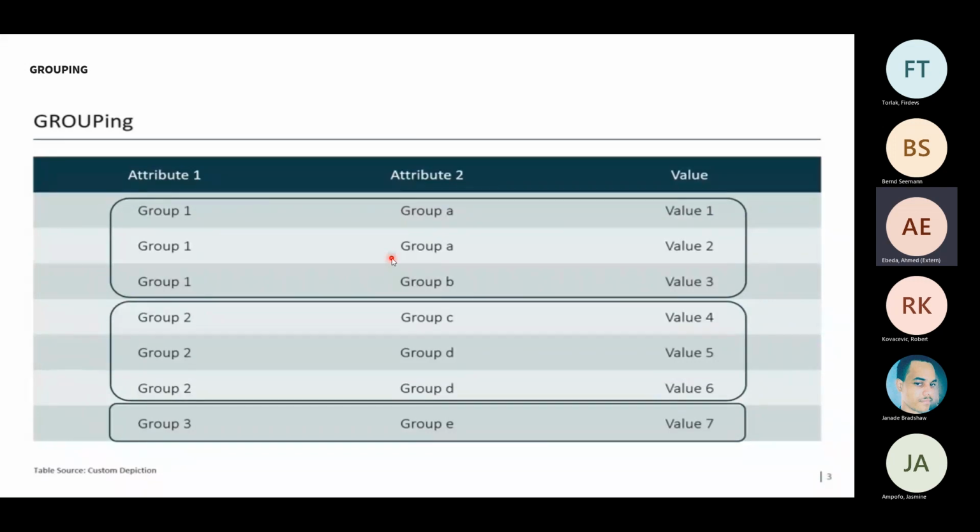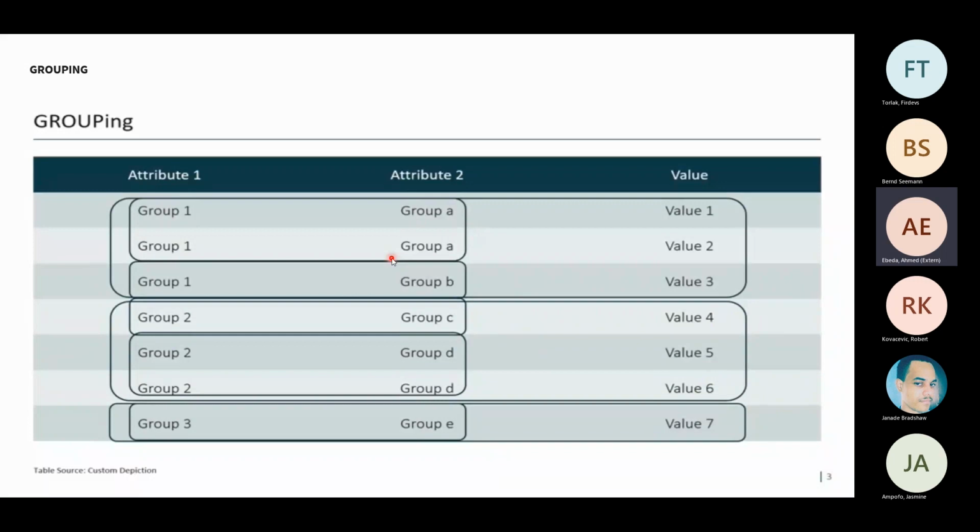For example, we can group by attribute 1, and given that we are still calculating the average, the DBMS will calculate the average of values 1, 2, and 3 as group 1, values 4, 5, and 6 as group 2, and value 7 as group 3.